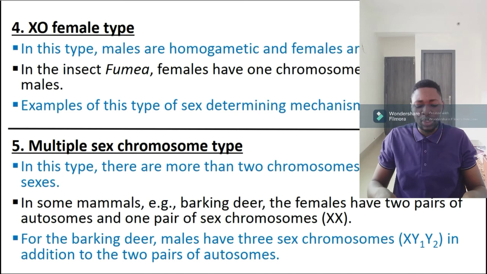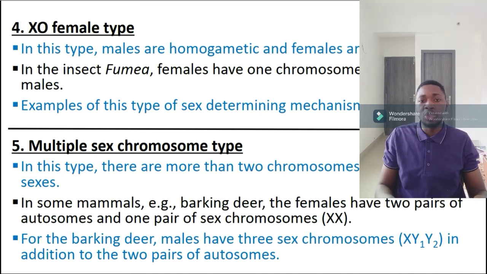So I think for today, you now know how to determine sex in human beings, and we are now able to answer the question, determine sex in human beings and many other different species, because we talked about 5 types of chromosomal sex determination.